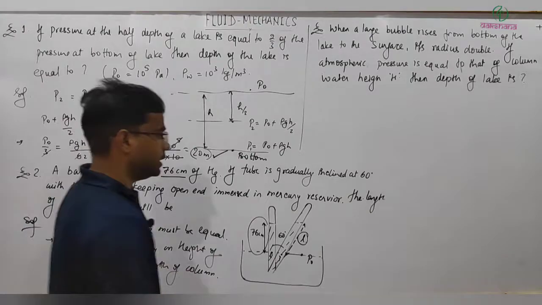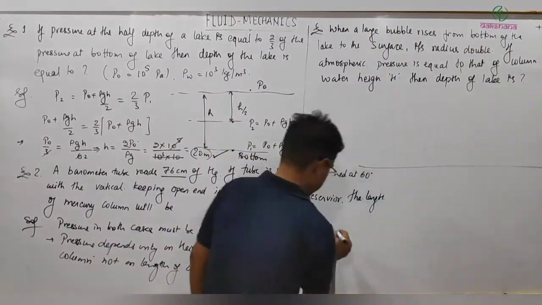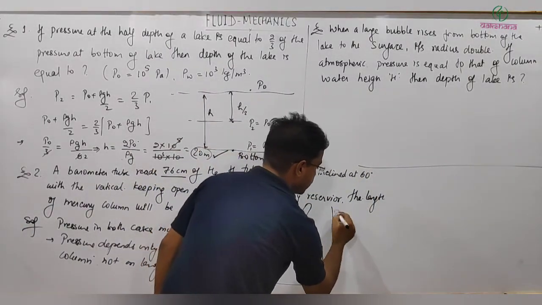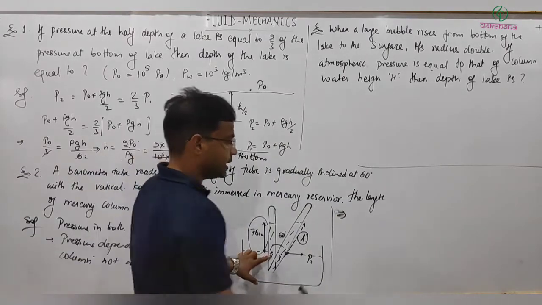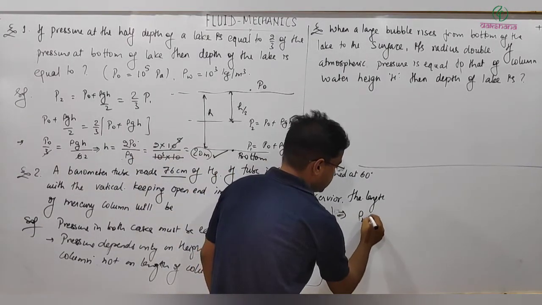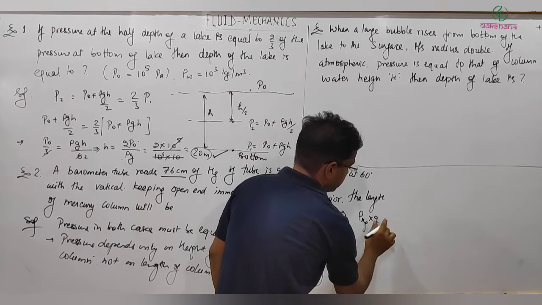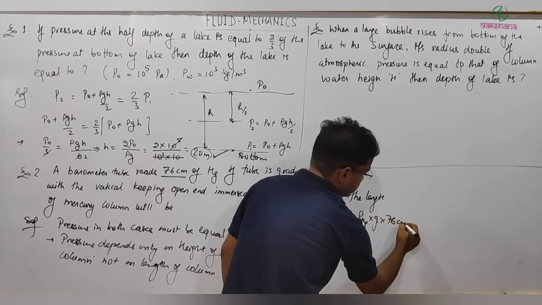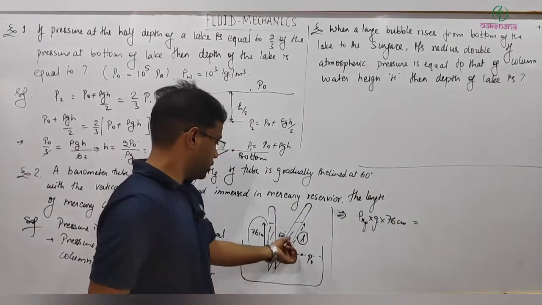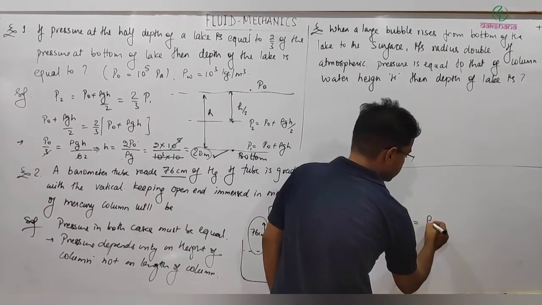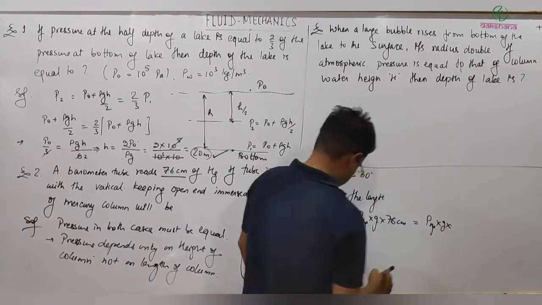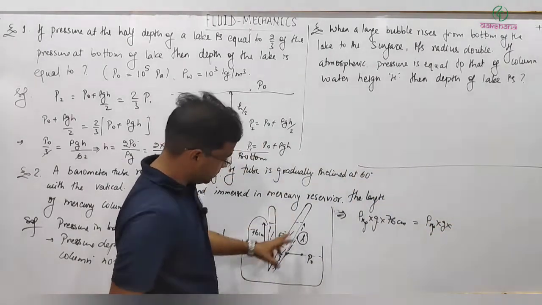So now simplifying further, in this situation I can write pressure is equal to rho Hg into g into h, which is 76 centimeter. This should be equal to, in the second case, density is the same, rho Hg into g into, if length becomes L, then what will be the vertical height?